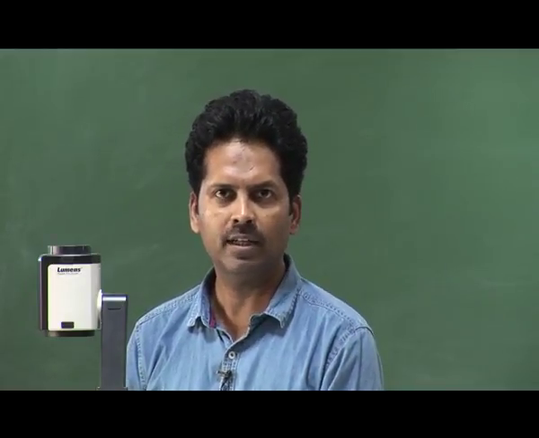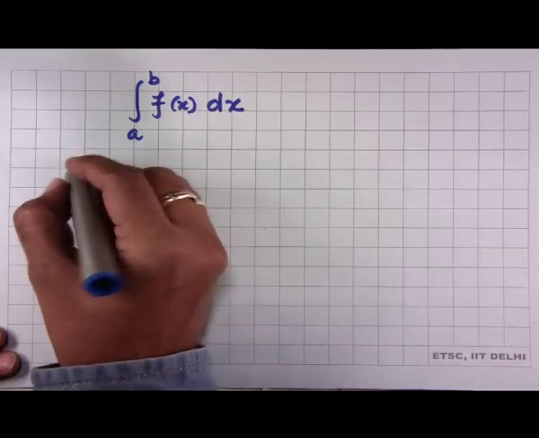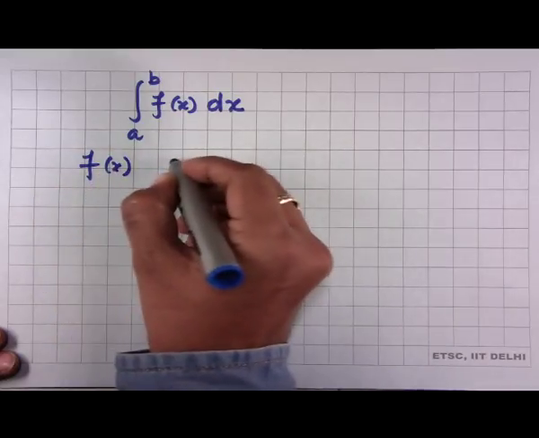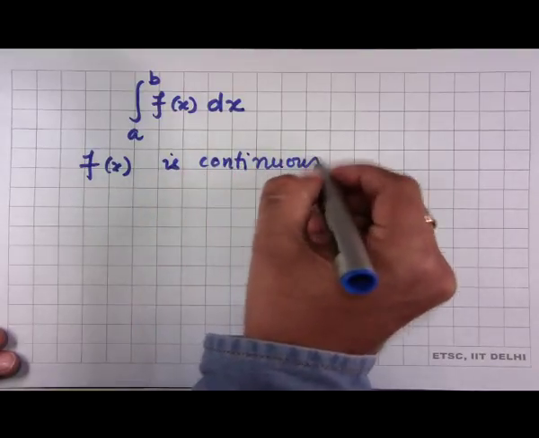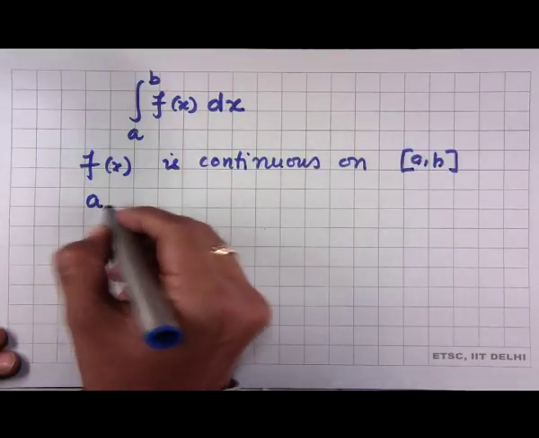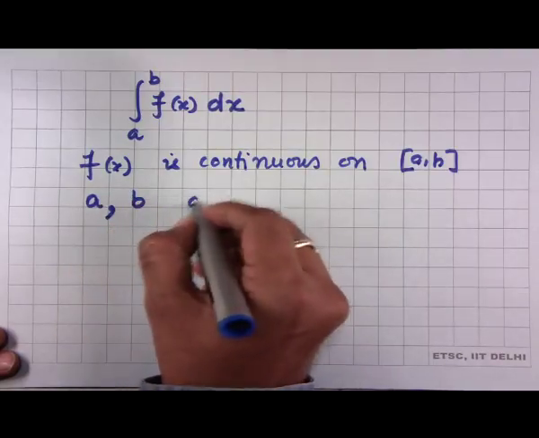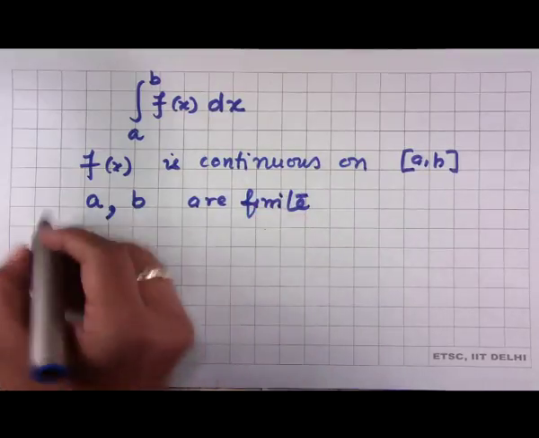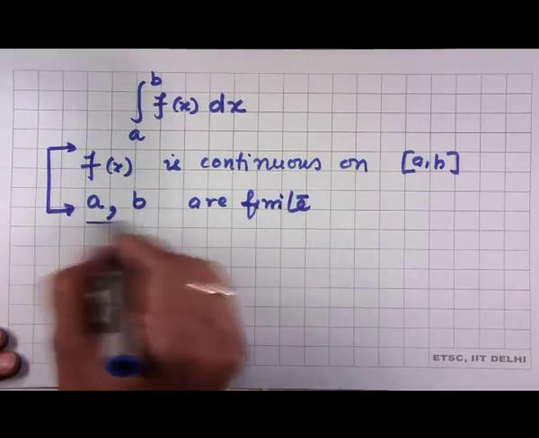A definite integral is written in this form, where we have taken f(x) to be continuous on the closed interval a b, and both endpoints of the interval are finite. So, in whatever problems we have solved, f(x) was a continuous function, and both a and b are finite.